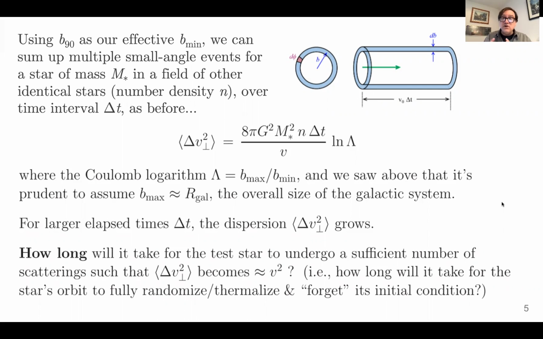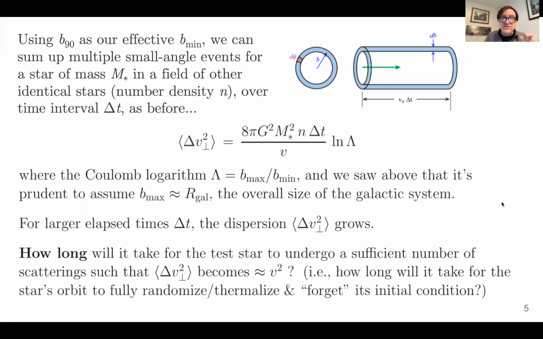In other words, how long would you have to let this thing go before some particle that's flying in with an initial velocity eventually gets so deflected that its RMS perpendicular velocity, which started off as all parallel, eventually becomes randomized.